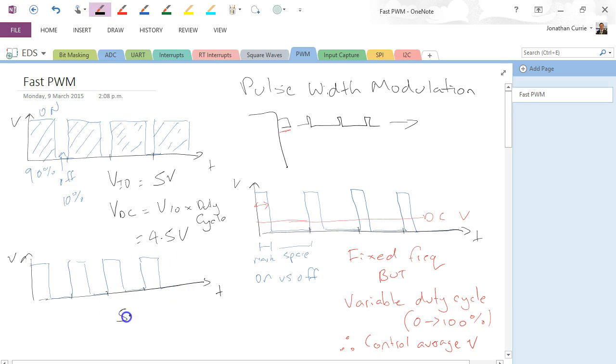So in this case we would get 50% up here, 50% down here, so 5 volts times 50% equals 2.5 volts. So we're effectively controlling that average voltage. 50% of the time it's on, 50% of the time it's off. Therefore we have half the maximum voltage for this. Right, so that's how you can control the voltage using PWM.